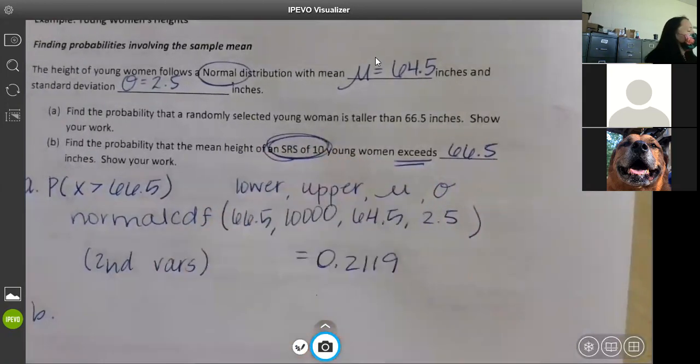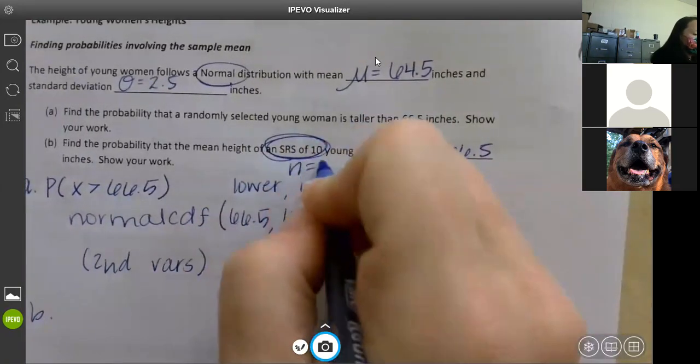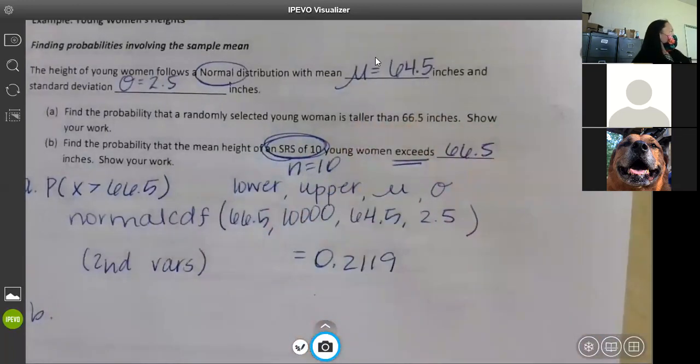Right, we have an SRS of 10, which puts us at n equals 10. So that means we're dealing with a sample now. So we have to use the sample mean and the sample standard deviation in our normal CDF. So we've got to change our mean and standard deviation. Everything else is going to be the same.